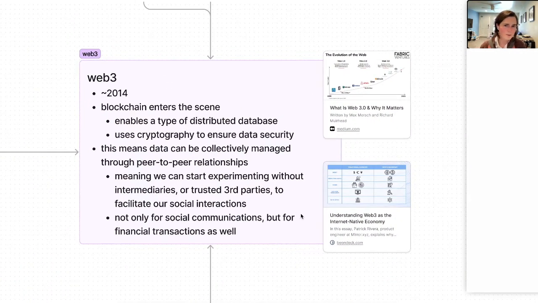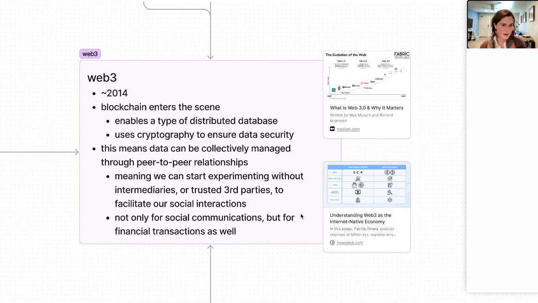The term emerged, there are different dates that I found, but I think it came onto the scene as something directly related to blockchain around 2014. So John was talking about blockchain as well, being a distributed ledger. So it's this distributed database, and it uses cryptography to ensure data security.